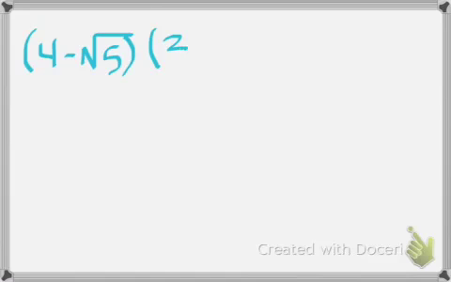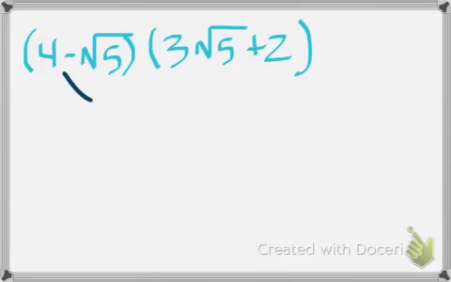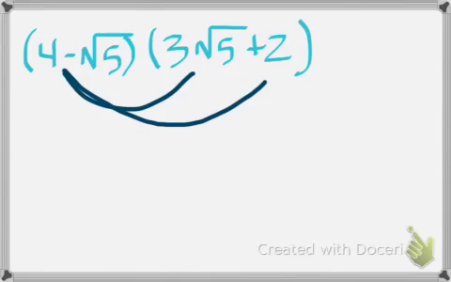So you're going to take 4 minus radical 5 times 3 radical 5 plus 2, and once again, you're going to distribute.